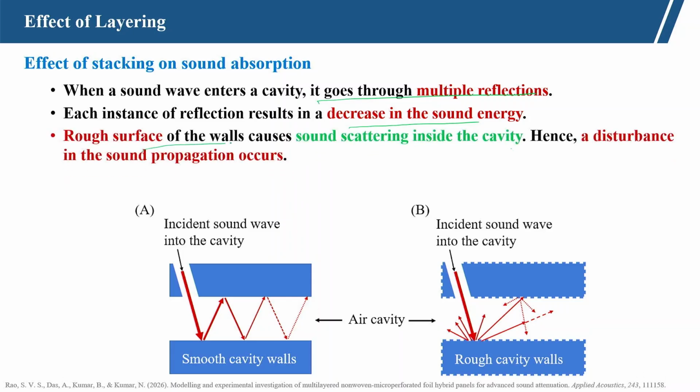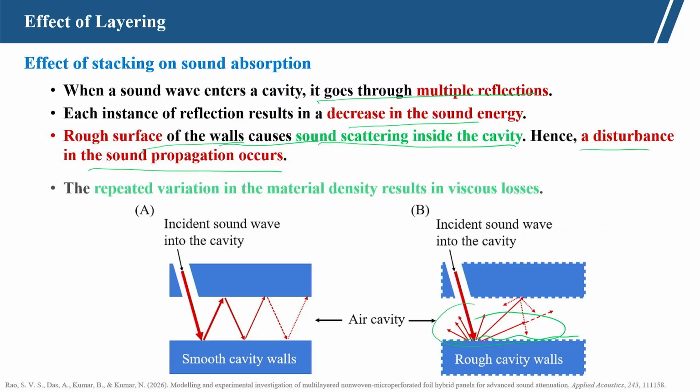The rough surface of the wall causes sound scattering inside. Here the rough surface of the nonwoven will also cause multiple scattering, and hence a disturbance in the sound propagation occurs. So, multiple reflection and scattering will result in higher sound absorption.